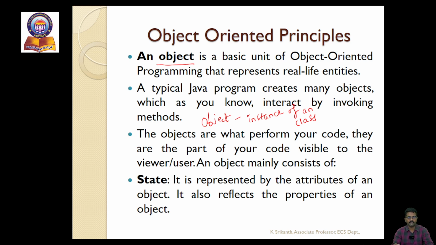For a class we can create n number of objects, any number of objects for a defined class, and every object has the following things. That is object state. The object state represents the values of the attributes or variables that are part of a class.